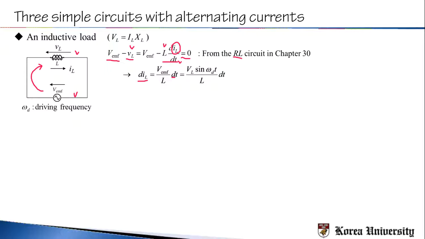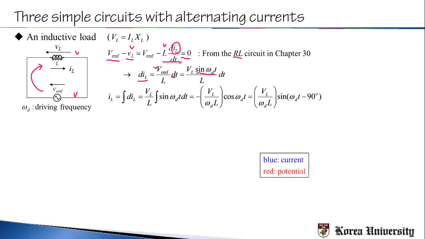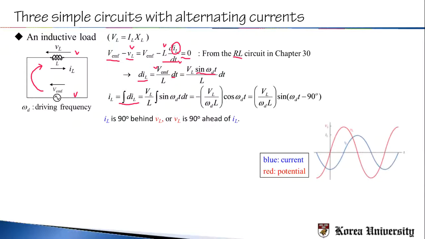And then, of course, this VEMF follows the sine functional form. So all we have to do is integrate this to get the current in the inductor, right? So we are doing the integration. What we have to do is integrate the sine function. And then what do we get?